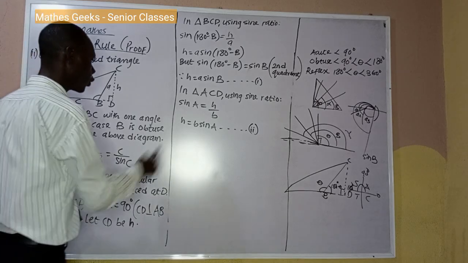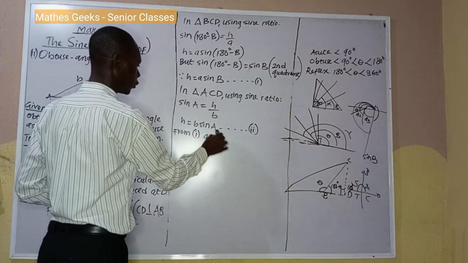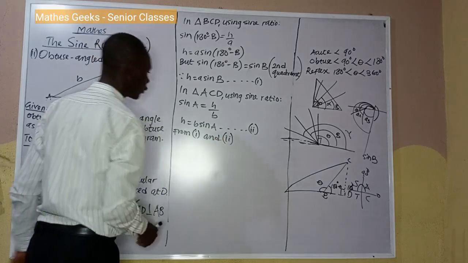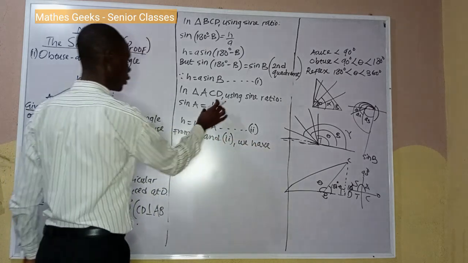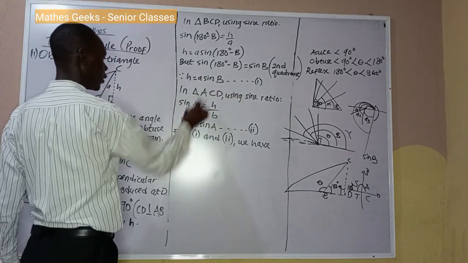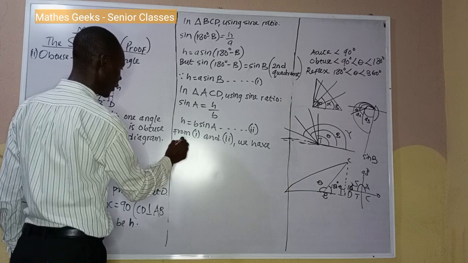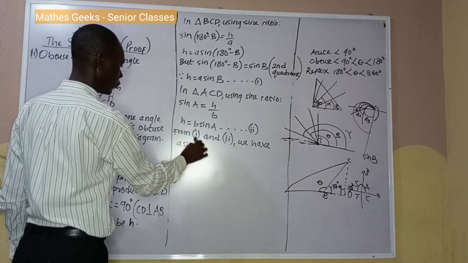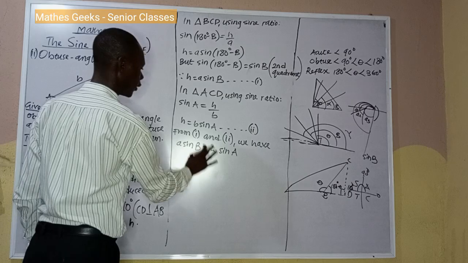So from equation 1 and equation 2, since both of them are equal to h, that means both of them are equal, and that will give us a sine B is equal to b sine A.